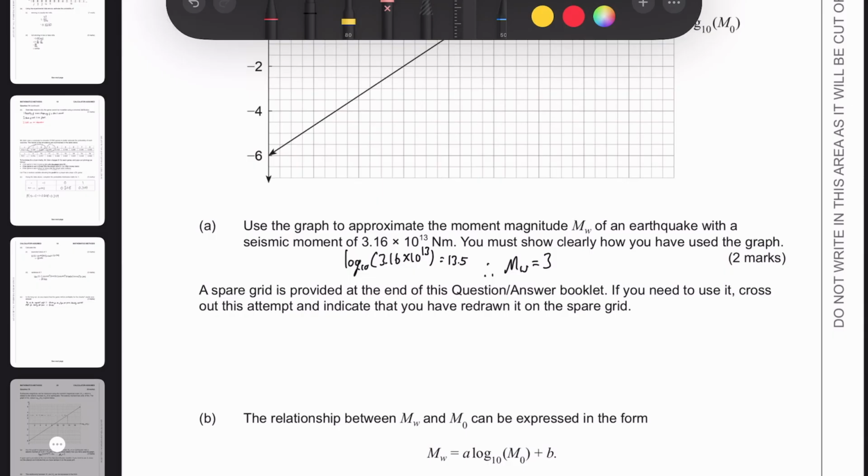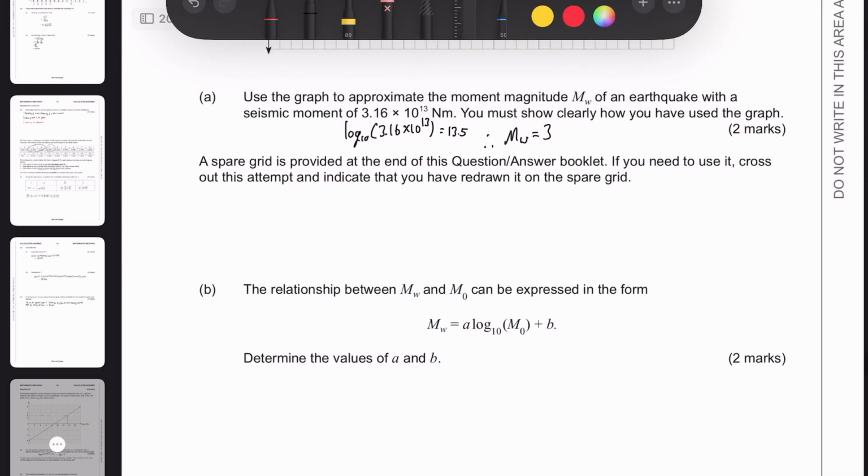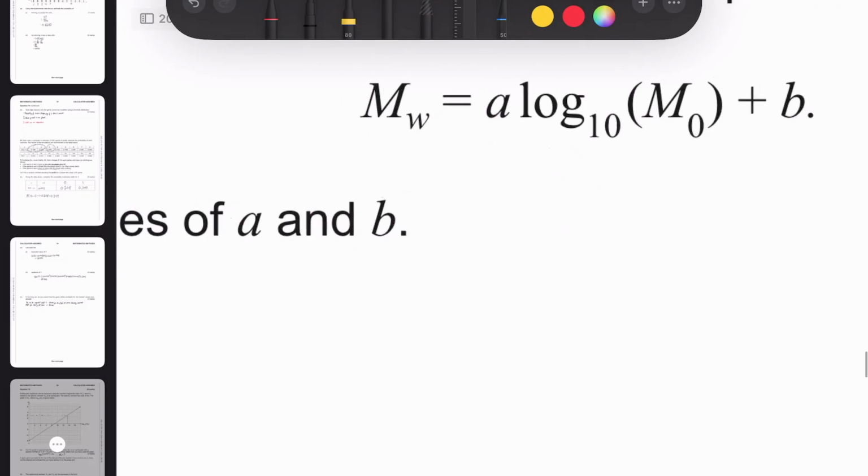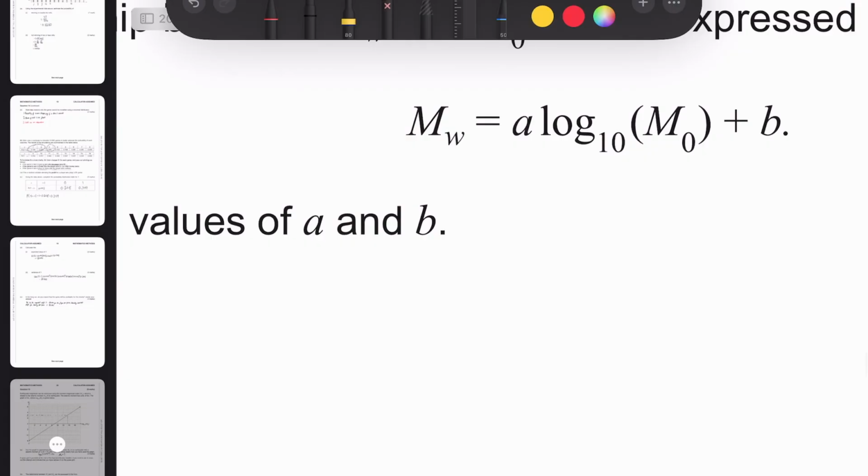Okay, the relationship between MW and M0 can be expressed in the form of this. Determine the values of A and B. So pretty much you can think of this as y equals mx plus c, where our x is just the log 10 of M0. So A is equal to the gradient.